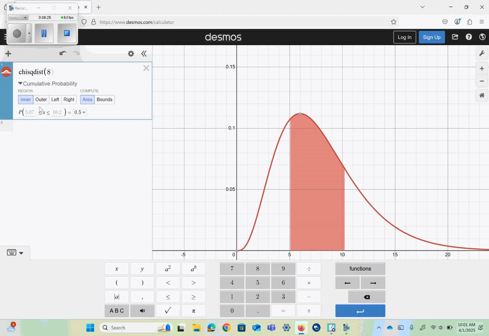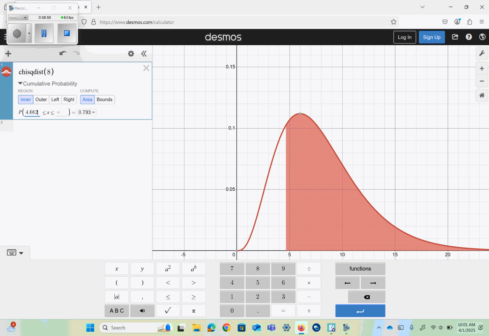So type in 4.662. All right. So we wind up with 0.793 in this case. That's what they said, 0.793. I love it when we match up with the notes. So our p-value is 0.793.